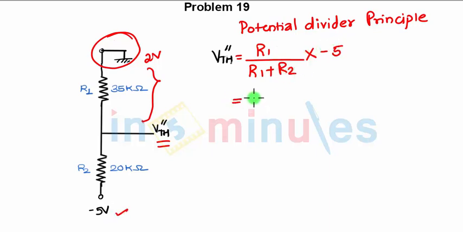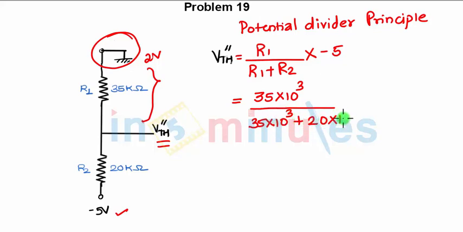The value of R1 is 35 into 10 raised to 3 and the value of R2 is 20 into 10 raised to 3, multiplied by minus 5. This will give you the value as minus 3.18 volts. So we have got VTH double dash.